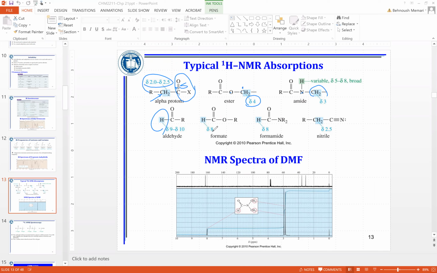And for the formate, it's going to happen for the hydrogen attached directly to the ester functional group, because it's on the same carbon, but it's very positive. It's more positive than the CO double bond. It's going to be around 8.